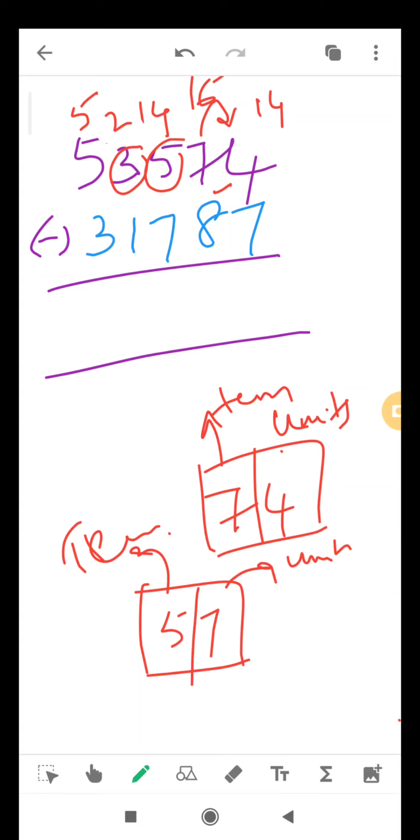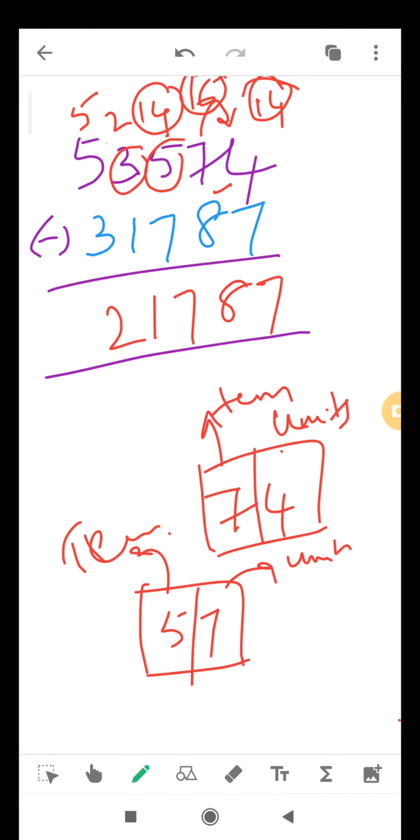So now from 14 we have to subtract 7. So 7 will remain. From 16 you have to subtract 8. 8 will remain. From 14 again you have to subtract 7. 7. From 2, 1. From 5, 3, 2. So this will be the answer.